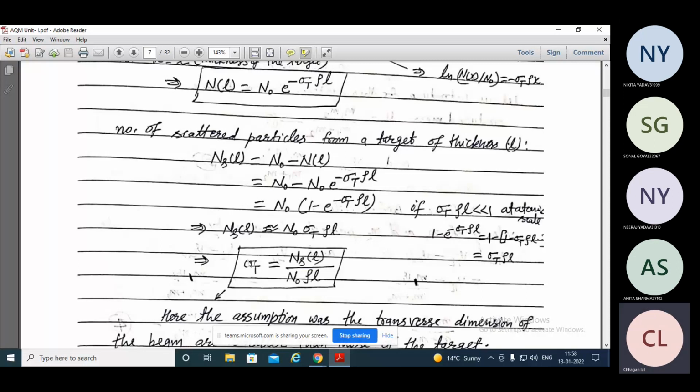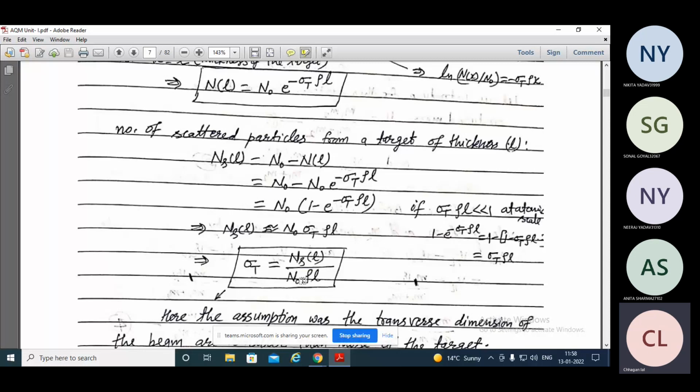So here finally we can represent the solution, the number of scattered particles, or how many particles are scattered from the whole target. Some dimensions are unitless here, but some dimensions are very small with respect to the incoming particle.